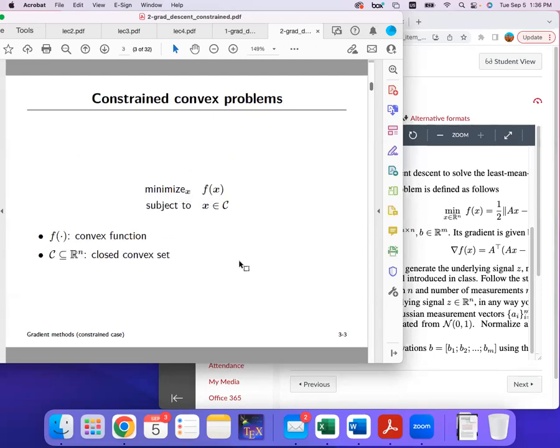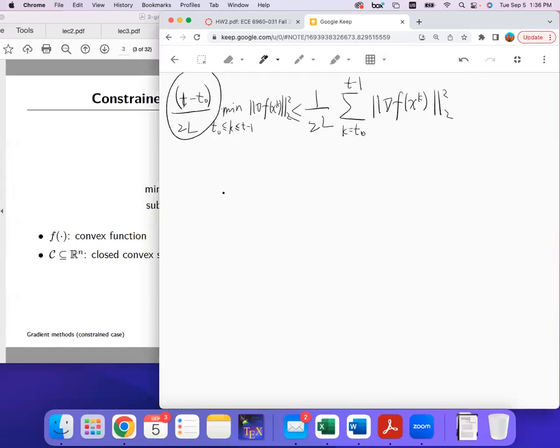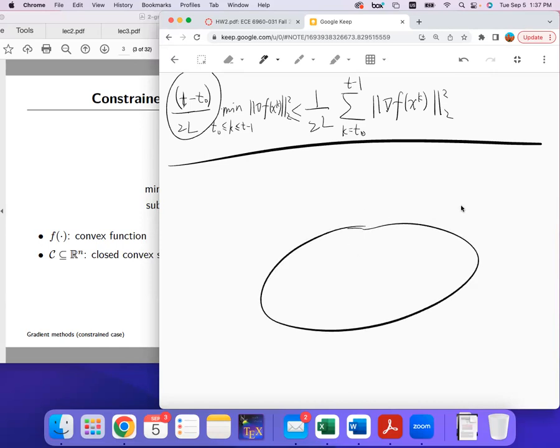And the key idea is that since now we have a constraint, if we don't have any constraint, we just do gradient descent, compute the negative gradient, apply the update, and then we are good. But the problem here is that if we follow gradient descent, after we update the variable, it may go out of the constraint.